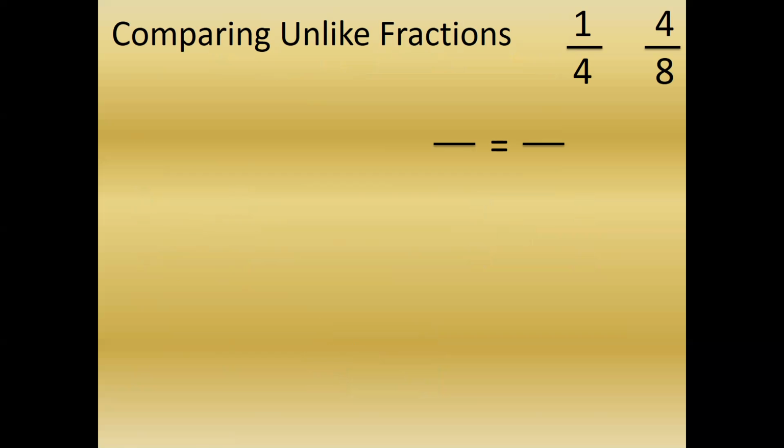So 1/4 and 4/8 are what we're going to be looking at right now. We have to see if they're the same or if one's bigger than the other one. First we're going to make 1/4 have the same denominator as 4/8 to make it a like fraction. So our very first step would be dividing the denominators. What are our denominators in our big question? 4 and 8.